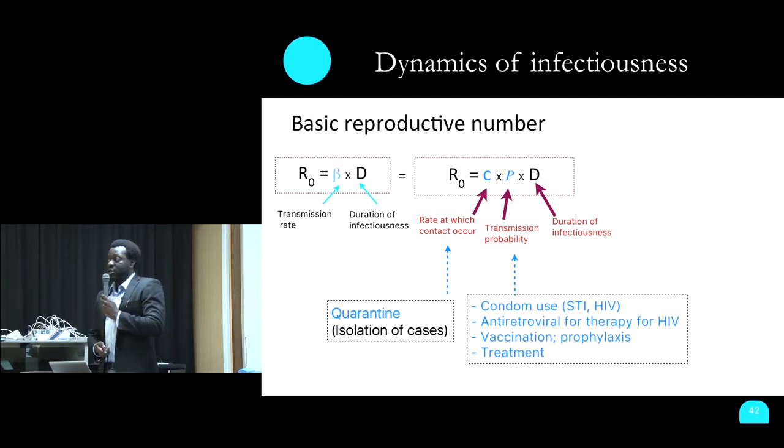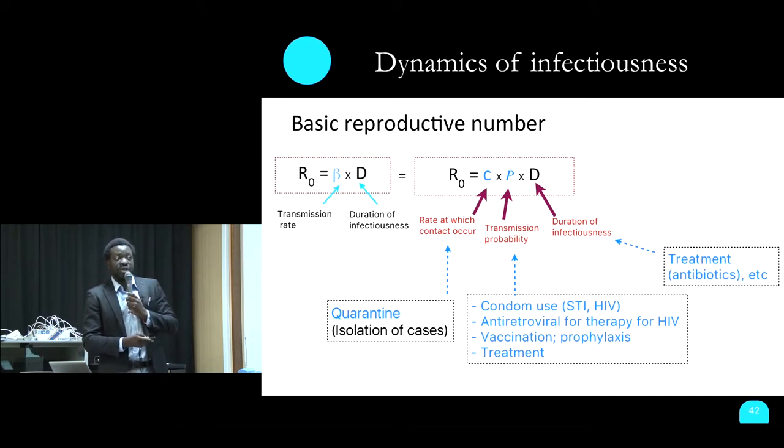Antiretroviral therapy for HIV-infected people. When you take it, the amount of virus in the blood will decrease, so in that way you also decrease the probability of transmission. Vaccination, any kind of prophylaxis we use, we are playing on this factor, or even treatment.